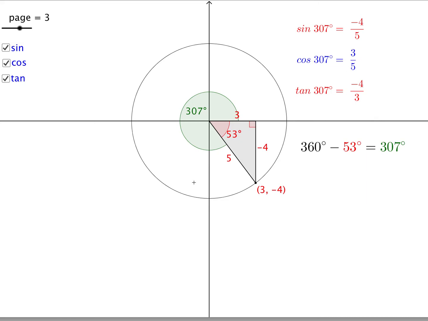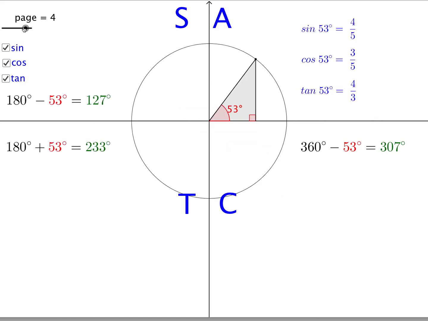So cosine's positive. If we look at what we got, everything we got was related to 53 degrees in the first quadrant. If you turn the triangle around to get a triangle of 53 degrees in this quadrant, you need 180 minus 53. You turn 127 degrees. If you want a triangle of 53 degrees in this quadrant, you turn 53 degrees beyond 180.